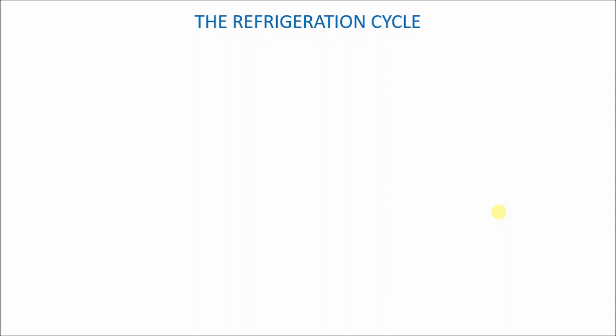Because the Coke is at a higher temperature than the atmosphere and the ice inside the cooler box, heat will travel from the Coke into the ice and into the atmosphere inside the cooler box. And so it will travel from the Coke like that until the Coke is at a cooler temperature and more or less balances its temperature with the temperature inside the cooler box. And at that moment, heat will stop traveling.